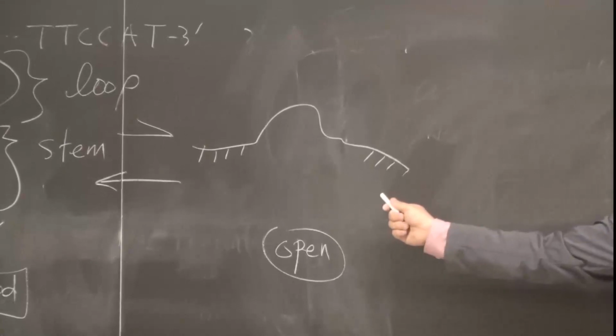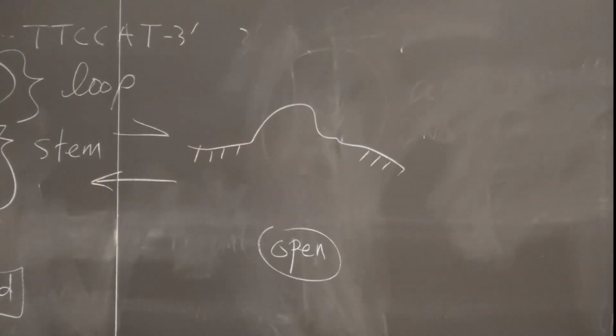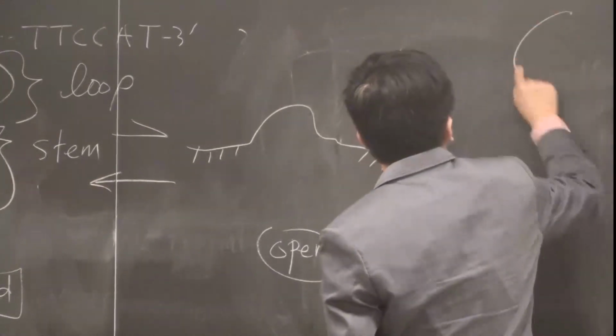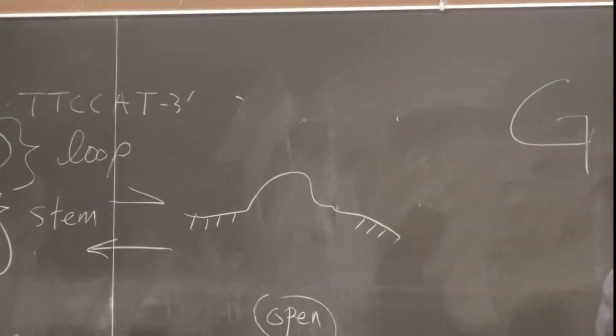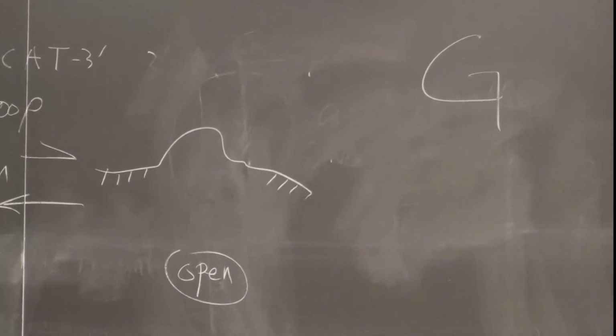If you increase the temperature, which do you think will be preferred? Open structure. Why? Entropy. That's a great point. So, nature wants to minimize free energy G, right?